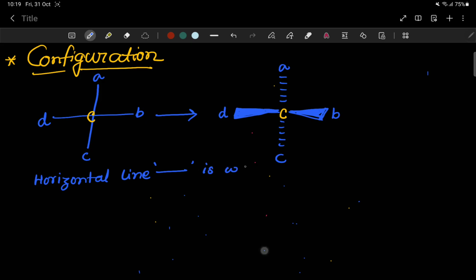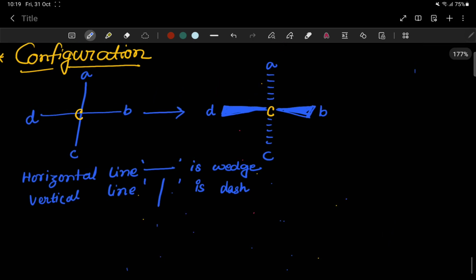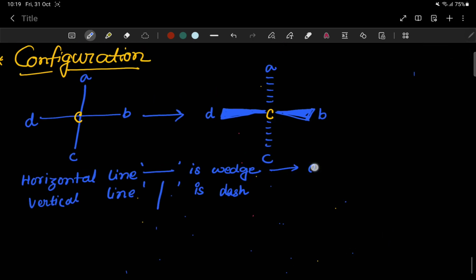This vertical line is actually dash in this case. This means above the plane, and this means below the plane.